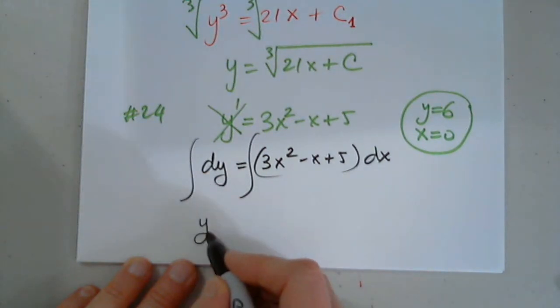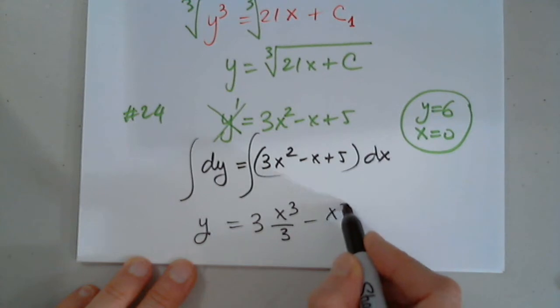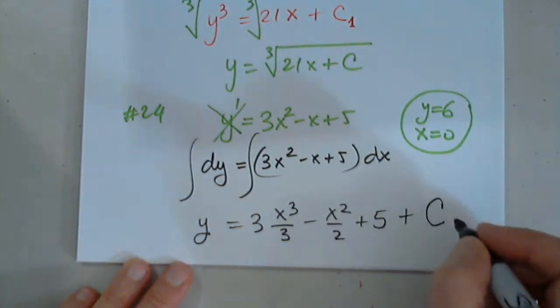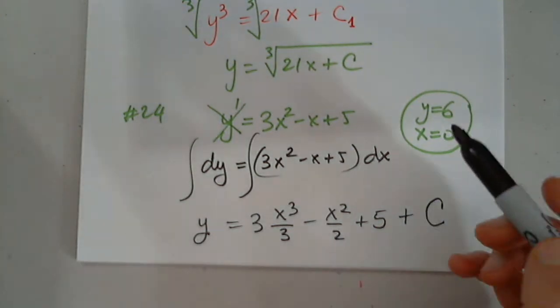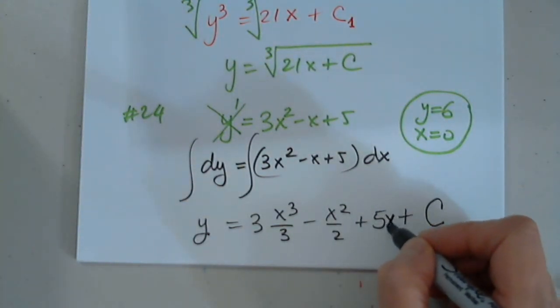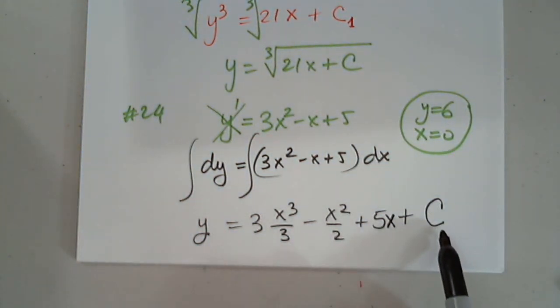All done. There is nothing to it. This is just y. This is 3x cubed over 3 minus x squared over 2 plus 5 plus a constant c. Couldn't be easier. When x is 0, then how much is c?